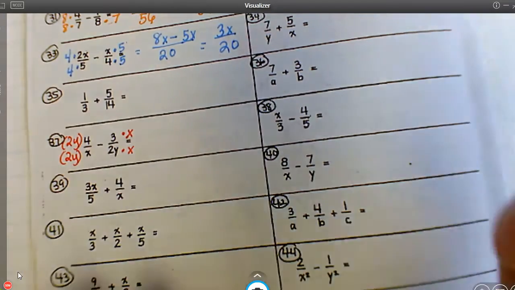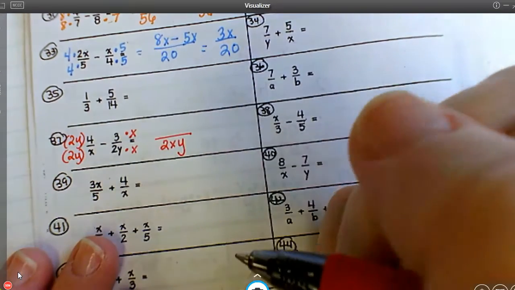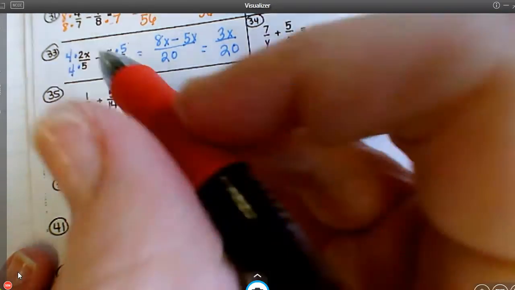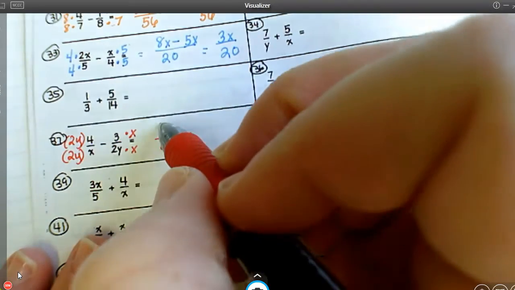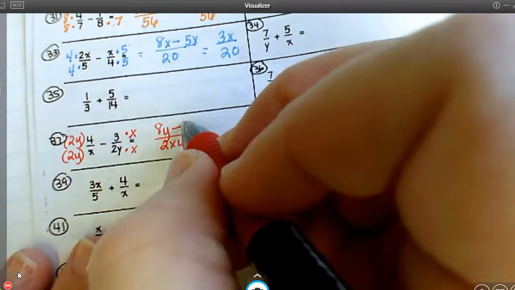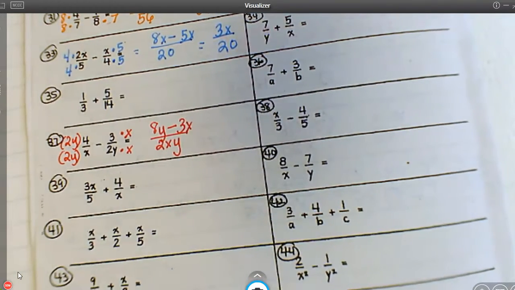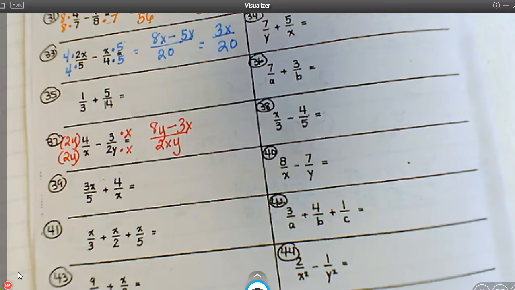So that means that my common denominator is going to be the 2y and the x all put together, 2xy. 2y times 4 is 8y. 3 times x is 3x. And so there's what you get for that one. And then there's nothing to do because you've got a y and an x and you can't combine those.